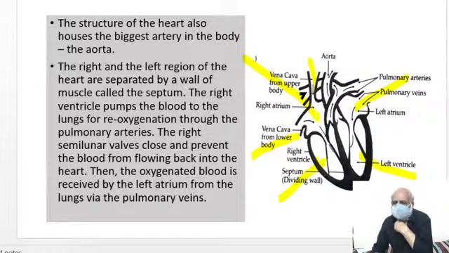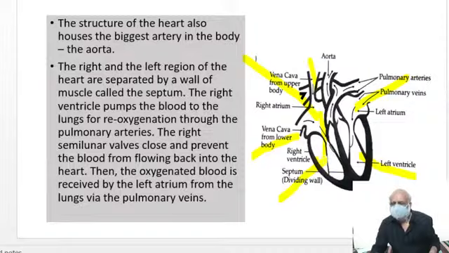Here, simultaneous contraction and relaxation takes place in atrium and ventricle on both the side. If contraction of atrium takes place, the filled blood transfer to the ventricle, which is relaxed.